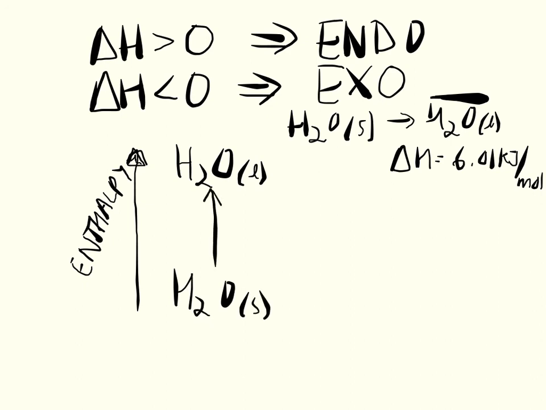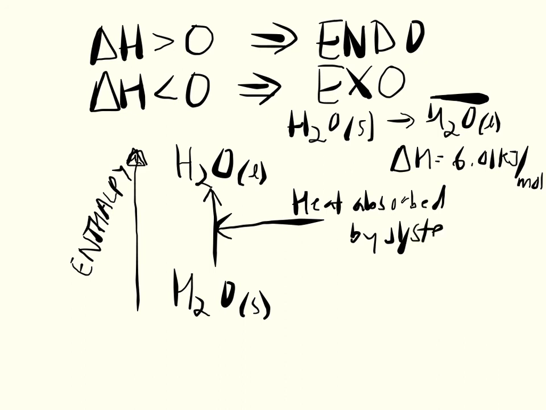And for this process to occur, we would have to add heat from the surroundings. So heat is absorbed by the system from the surroundings. Again, that is consistent with everything we've said.